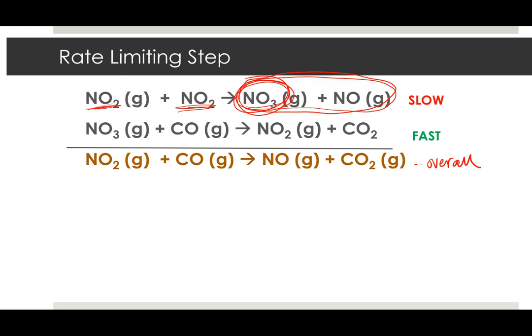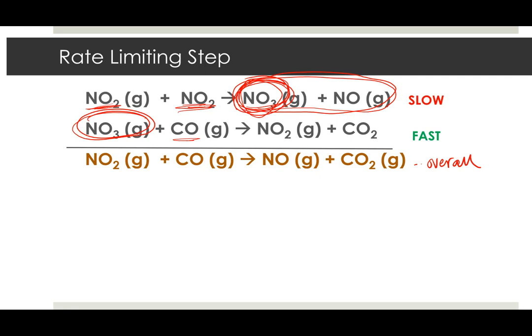So as NO2 slowly reacts with one another and starts to produce this NO3, NO3 is very unstable. That's a super, super unstable molecule. So the minute that we start piling a little bit of this NO3 up, immediately it's going to see this carbon monoxide and say, I'm going to react with you so that I can become more stable.